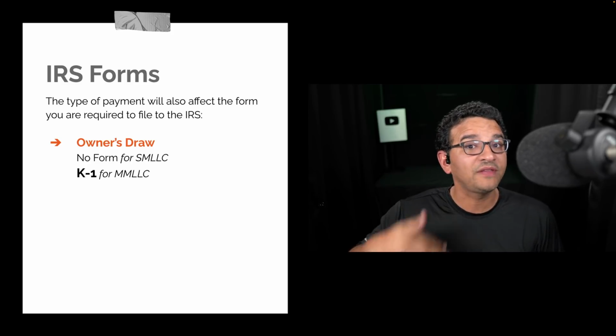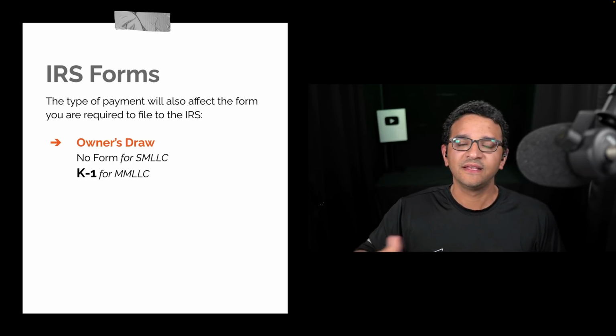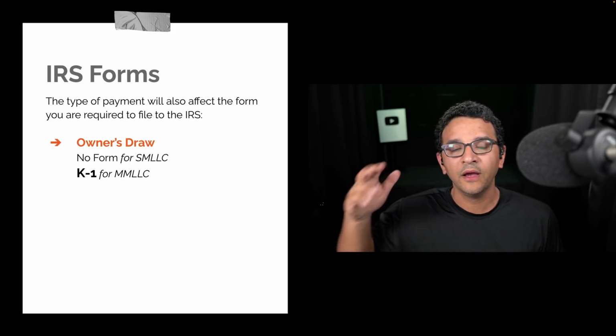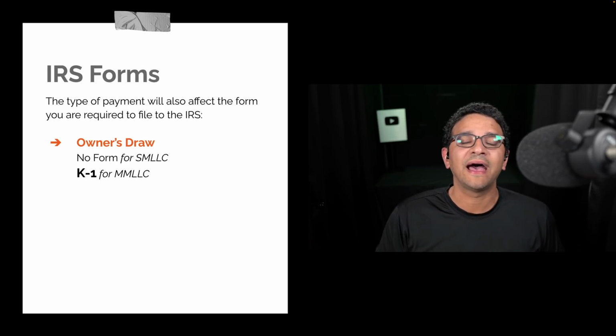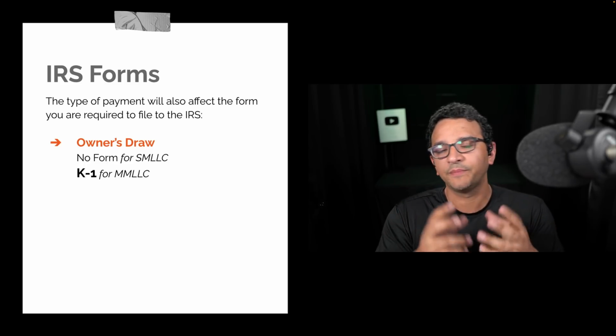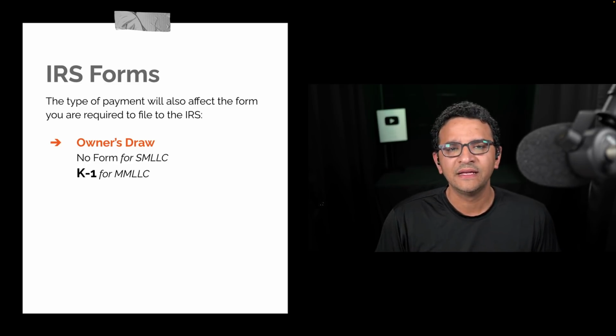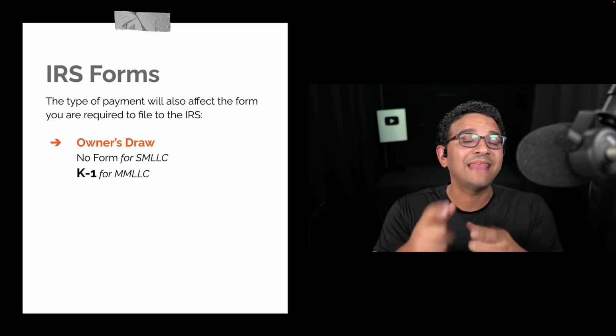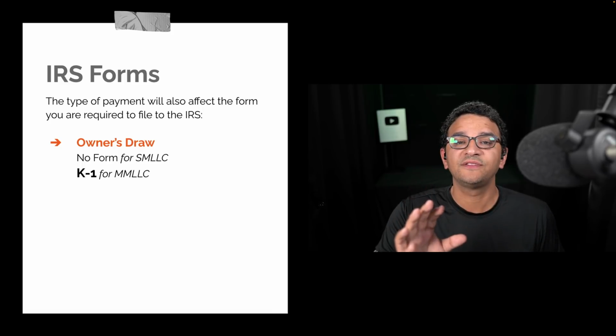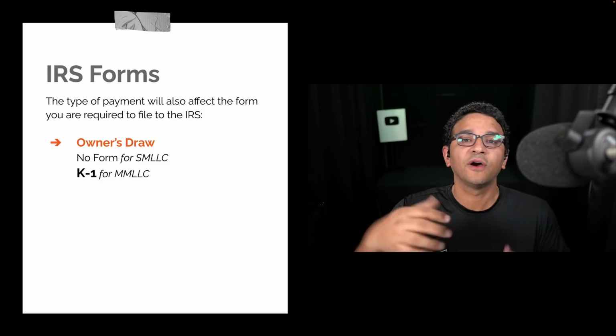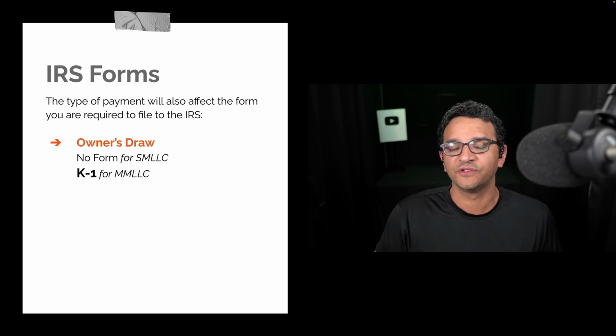Now, if you have a multi-member LLC, this is an LLC with more than one owner, you are going to have a form called a K-1, which goes inside your partnership tax return, or the Form 1065 that we talked about. In that form, you're actually going to see the reported amount of draws or distributions that you took.